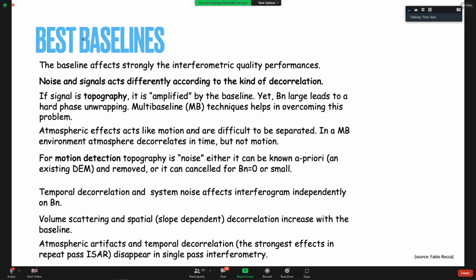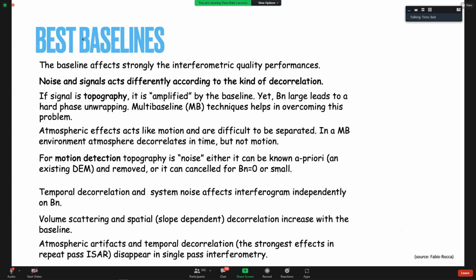We have different decorrelation effects, we will come to that. If you have a very long temporal baseline, a very long time difference between the images, many things change on the ground. So often we prefer a smaller time difference.